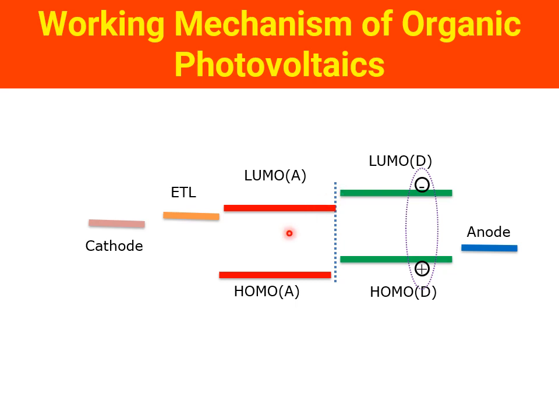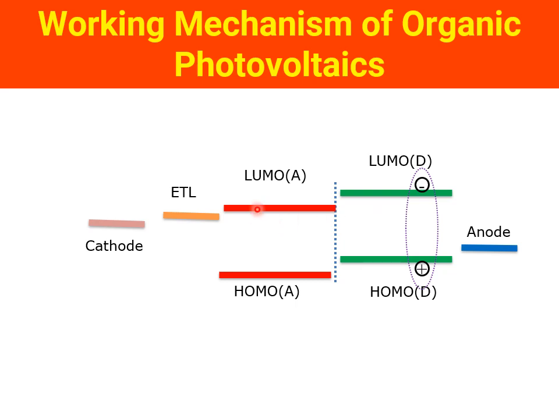Generally when you choose the acceptor, its energy level should be offset from that of the donor, and this energy difference drives the exciton into free charge carriers. So this potential difference between the donor and the acceptor enables or drives the exciton to break into free charge carriers.